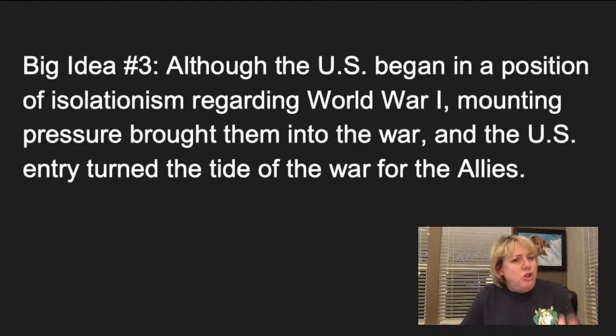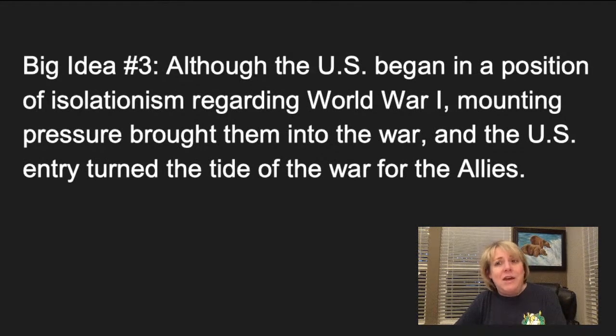And when you look at the key parts of his 14 points, there were several key goals he had. Number one, he wanted freedom of the seas. Ships should be able to sail wherever they need without having to worry about getting shot by submarines. That's what he says, freedom of the seas. Second is he wants the self-determination of all nations.